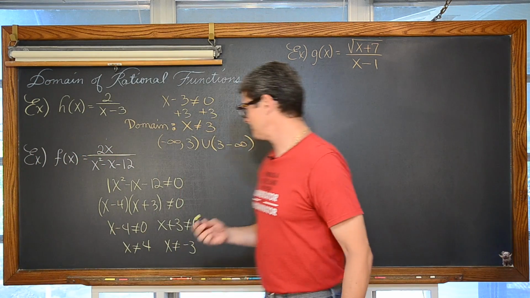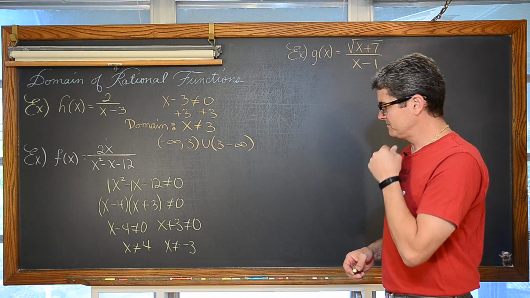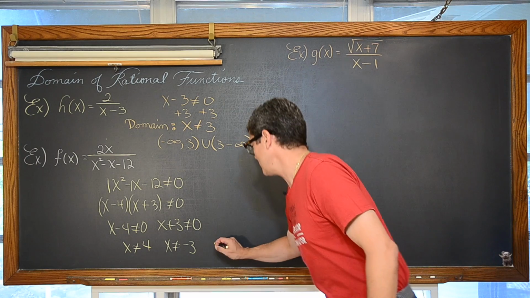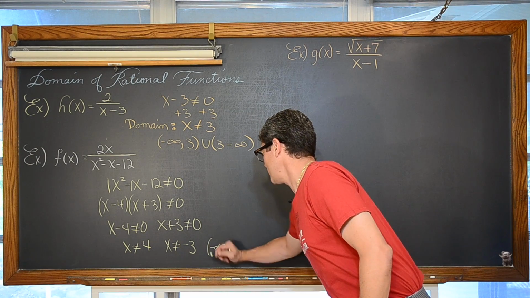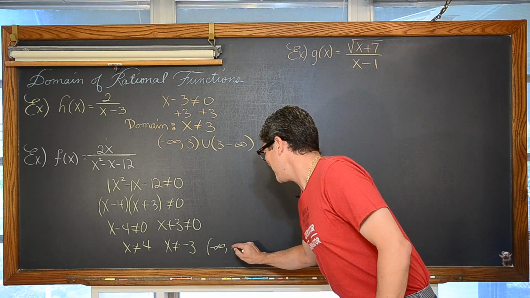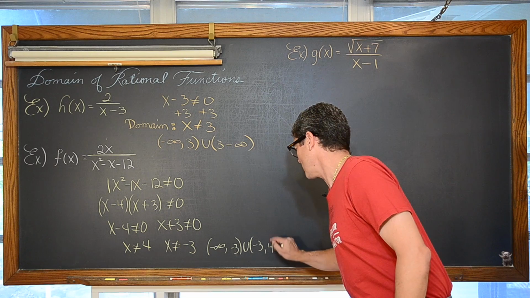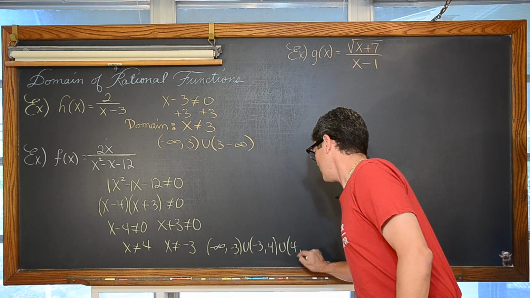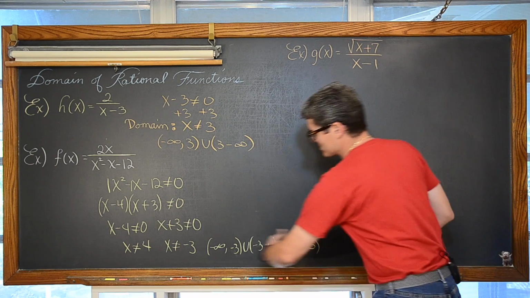With interval notation, that means we'd be looking for negative infinity to negative 3, oh, we should be going from low to high. So from negative infinity to negative 3, or from negative 3 to positive 4, or from 4 to infinity and beyond.